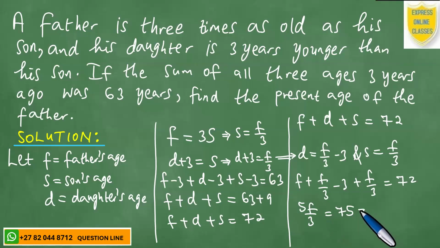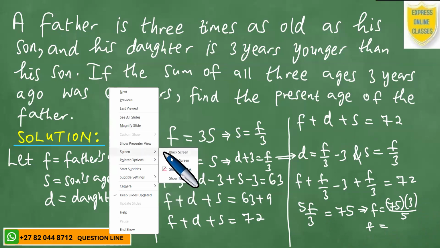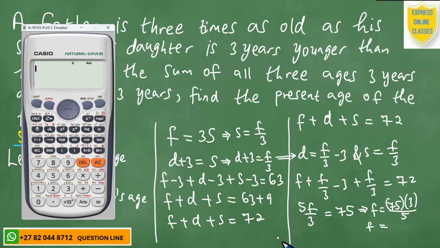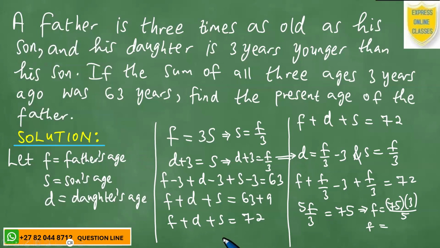And so now at this point, you need to make F the subject, which means that F is equal to 75 times 3, all divided by 5, giving us the father's age, which is equal to 75 times 3, all divided by 5, giving us exactly 45.